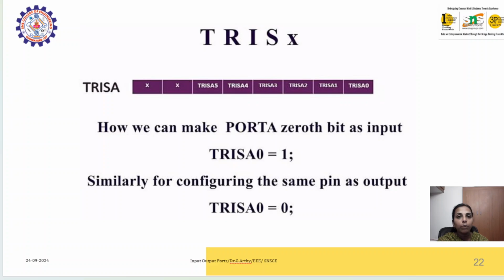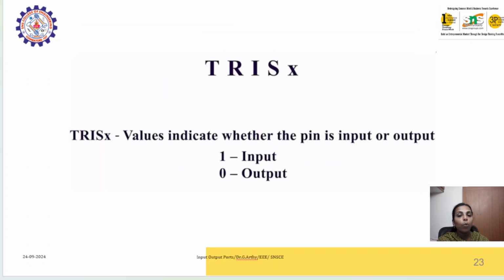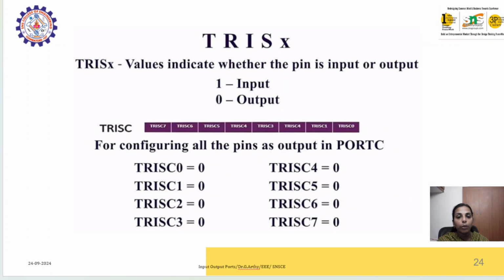If a particular port is required to act as an input port, then the tris register of that port should be made equal to 1. If a particular port is to act as an output port, then we have to mark the corresponding tris register as 0. So tris registers are used to show whether a particular port is an input port or output port. 1 denotes input and 0 denotes output.